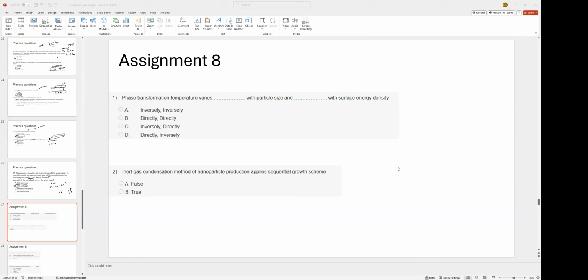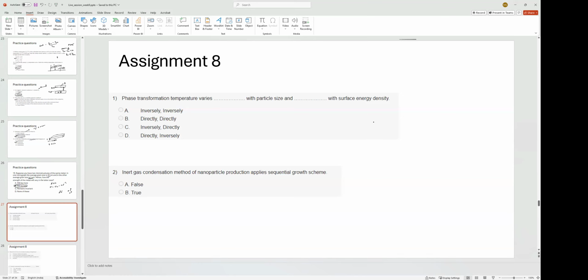Okay, so I can begin this week's assignment. Last week's assignment. Phase transformation temperature varies.